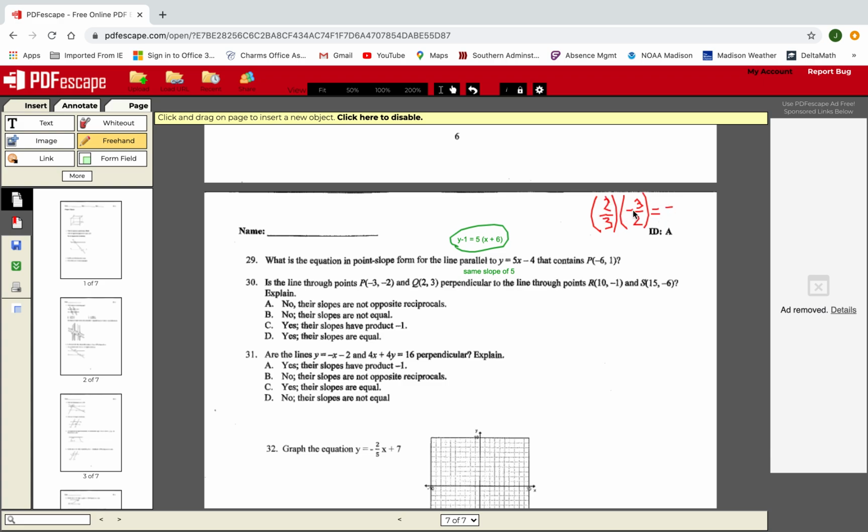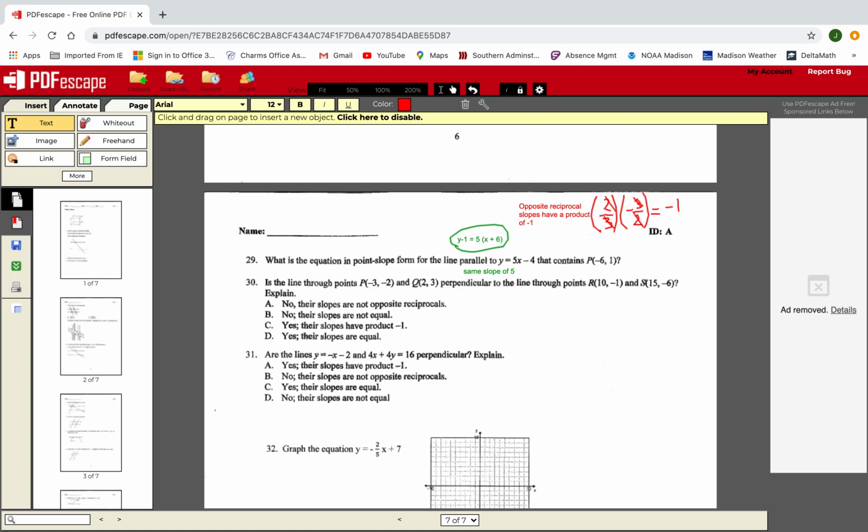And then these 2's cancel out and these 3's cancel out. Well, they become 1, they don't really cancel out. So you end up with a product of -1. Opposite reciprocal slopes have a product of -1. Let's make that note.